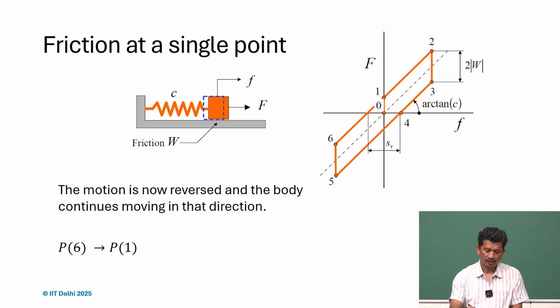So that's how we can complete the cycle. So what we see is that if we are reversing the motion, they take different paths, and this is the force versus displacement curve.